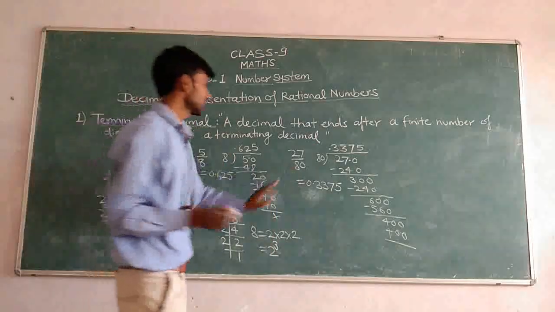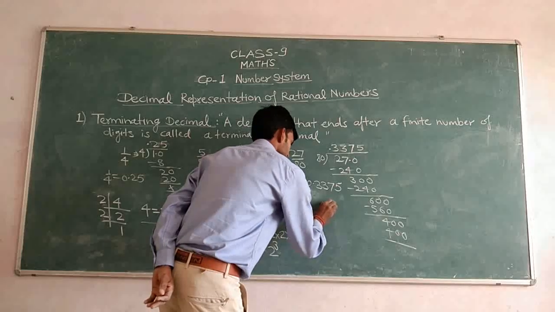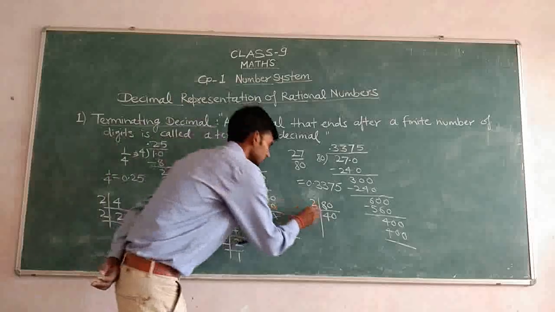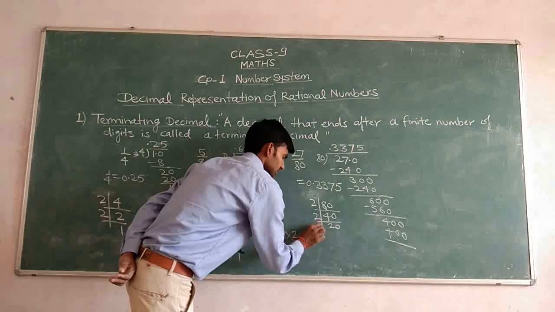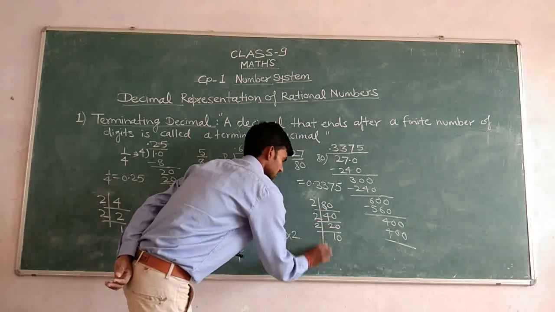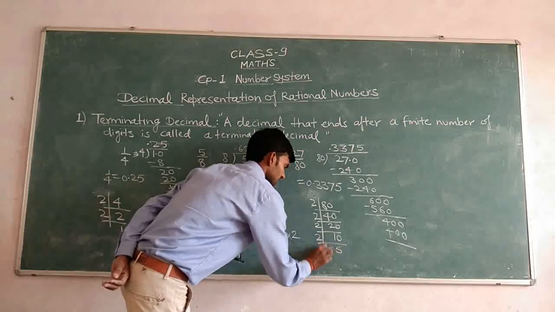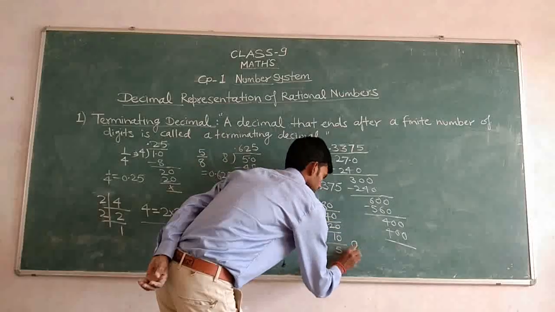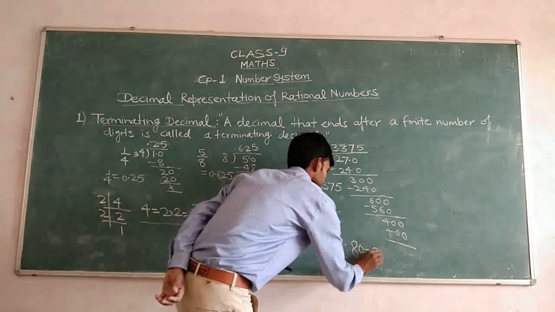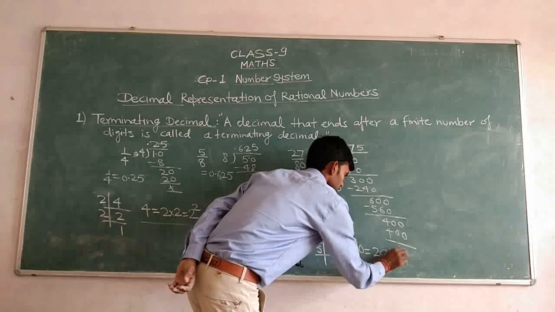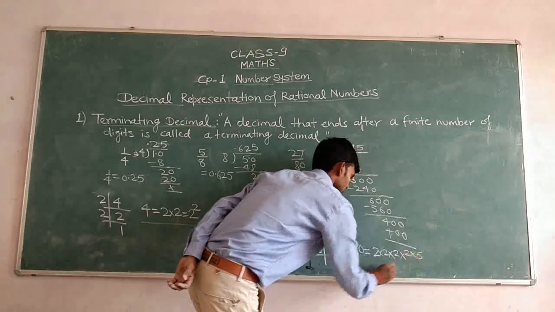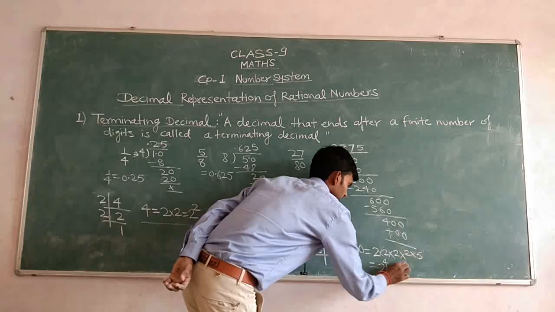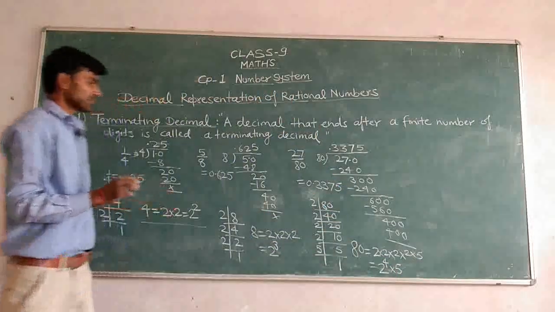Okay. In the third case, 80. Let's write 80 divided by 2, 40, 20, 10, 5. So 80 is 2 into 2 into 2 into 2 into 5, which means 2 to the power 4 into 5 to the power 1.